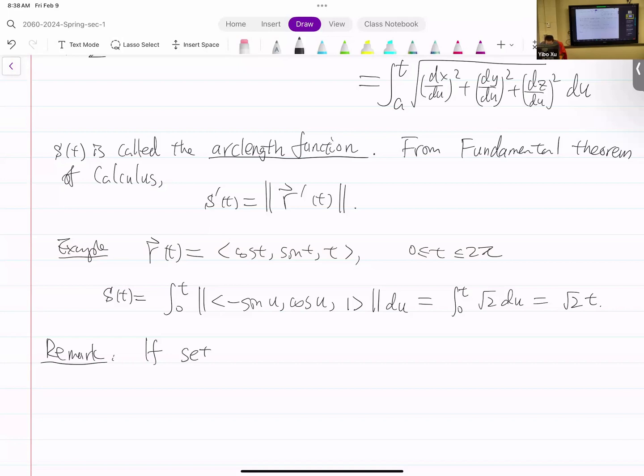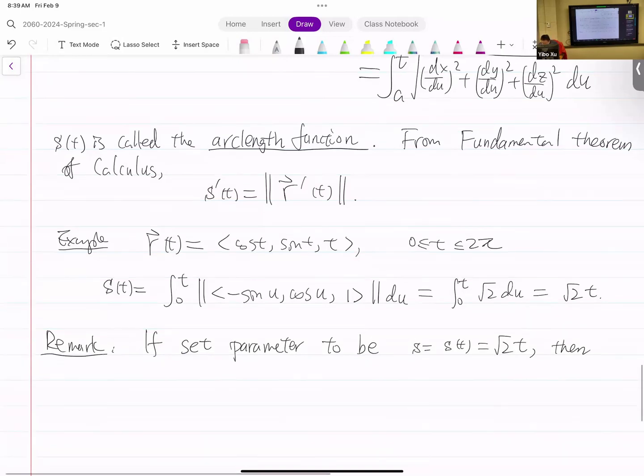So if we set the parameter to be little s, which is expressed by s of t, which is square root 2 of t, then this relationship tells you, okay, if you give me t, I can calculate s, right?